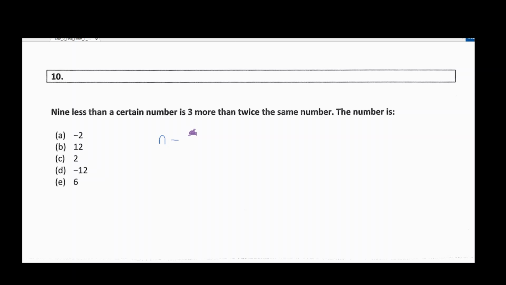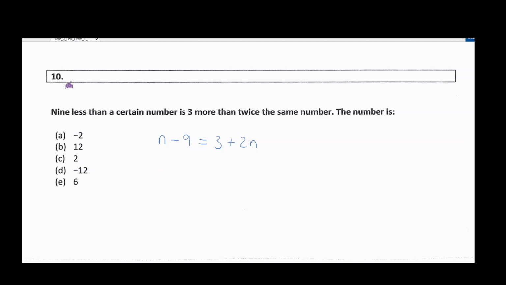So 9 less than a certain number is 3 more than twice that same number. So this number's 3 more than twice the same number. Okay? And this is how we write in algebra.